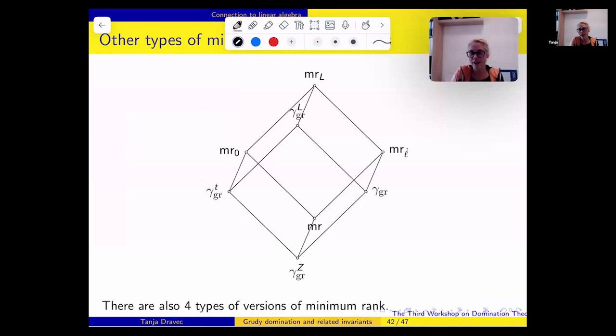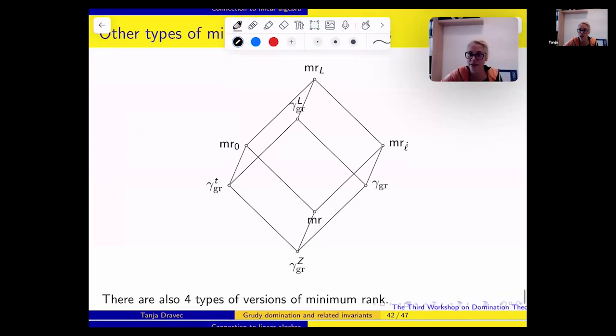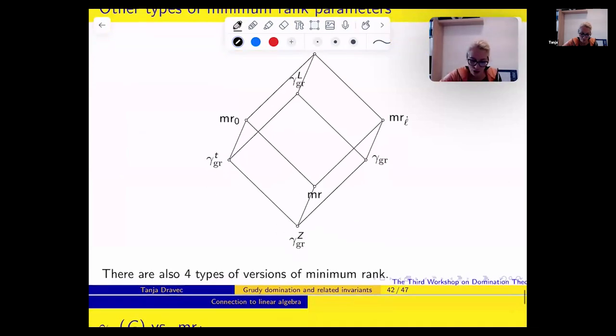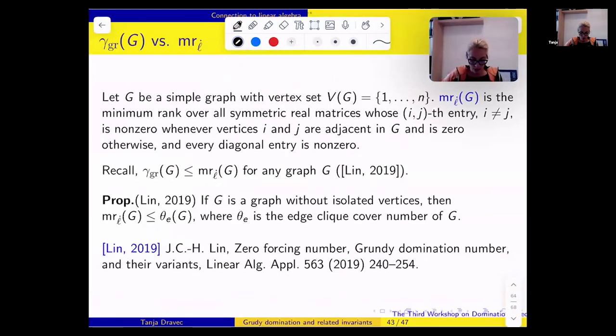Okay, then Lin in 2019 proved that we can change the definition of minimum rank a bit and get other minimum rank parameters that are upper bounds for the other Grundy invariants, not just for the Z-Grundy domination number. So for each Grundy type of domination number, we have a type of minimum rank that is an upper bound for it.